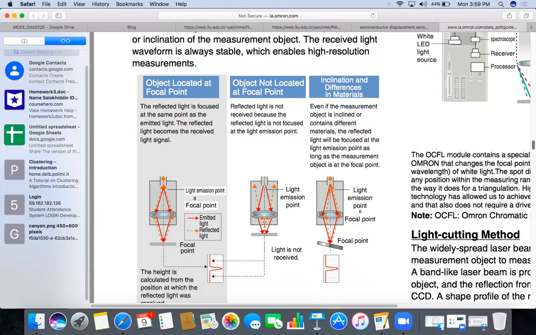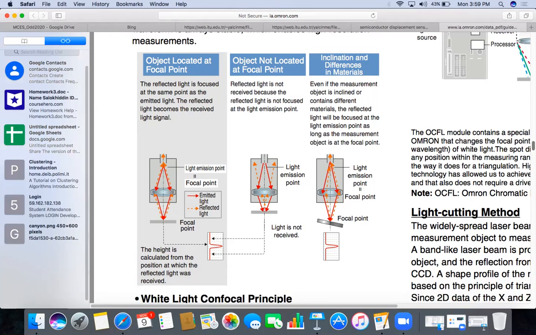For the first case, object located at focal point: the reflected light is focused at the same point as the emitted light. The reflected light becomes the received light signal. The height is calculated from the position at which the reflected light was received. Object not located at focal point: reflected light is not received because the reflected light is not focused at the light emission point.